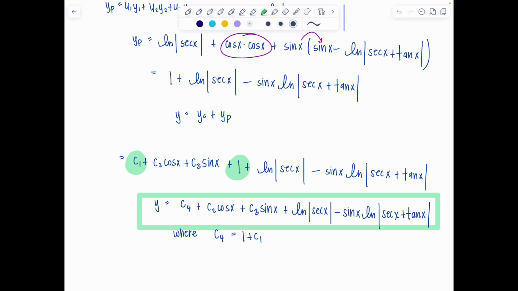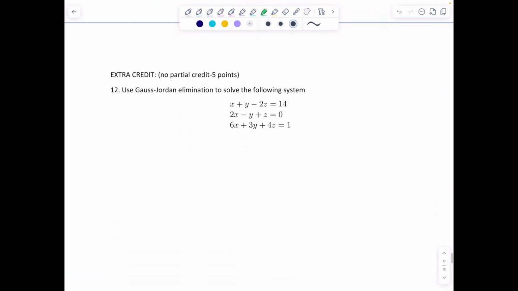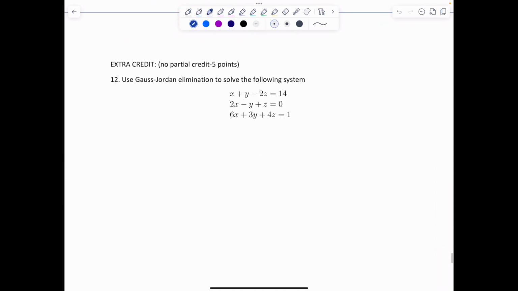More good stuff. Use Gauss-Jordan elimination to solve the following system. I put this on there because we did go over row operations and whatnot, and I thought it would be relaxing for some. Anyways, there is crossover between differential equations and linear algebra, so that's why we covered this topic.